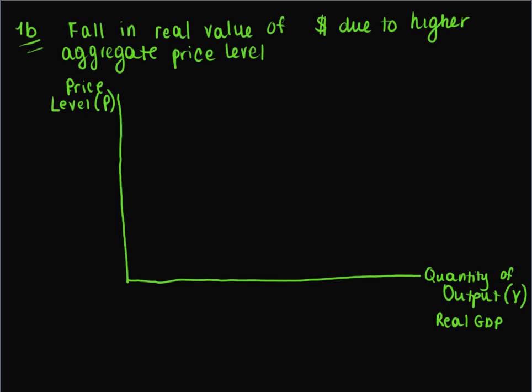That's going to tell me what the price level is in my economy. I'm going to graph a hypothetical aggregate demand curve, which slopes downward from left to right, and I'm going to call this AD sub 1. And I'm going to pick a hypothetical point on my aggregate demand curve. So let's just pick this point.